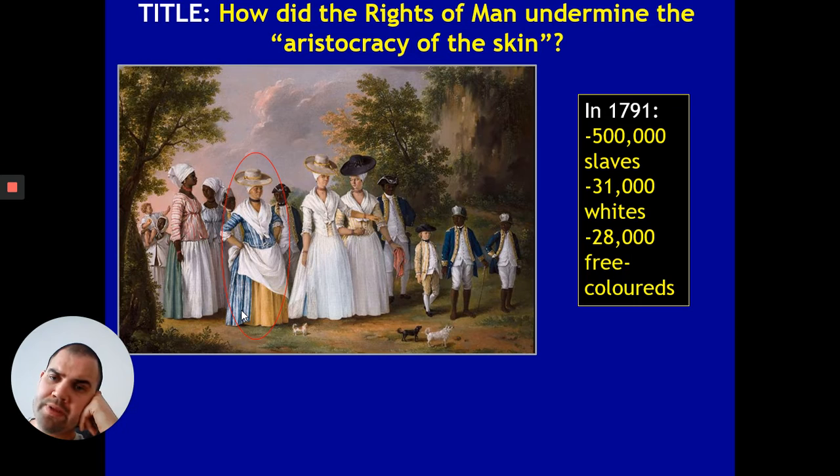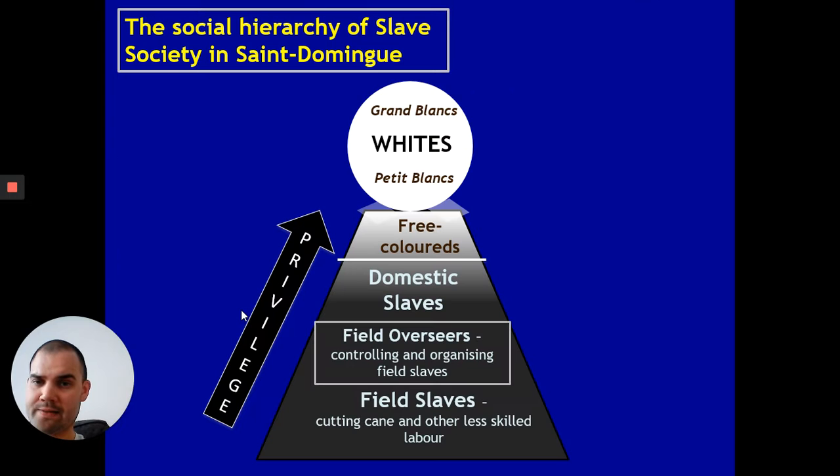They would usually be the product of either relationships between middle class black females in Saint Domingue with white aristocrats, or sometimes they would be the result of rapes from the white slave owners of their African slaves. But the free coloreds in Saint Domingue were interesting because they had a lot more rights than the Africans did, and they played quite an important role in the beginning of the revolution in Saint Domingue.